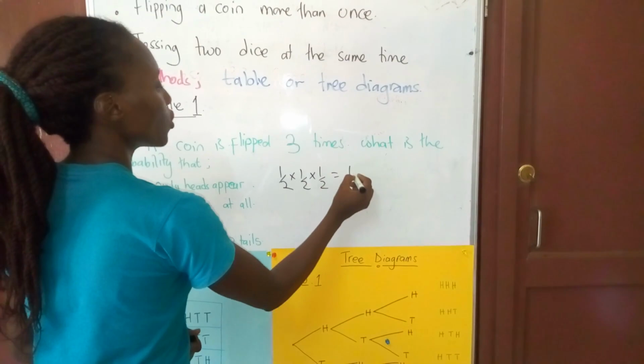The question is: a coin is flipped 5 times. Then you find the probability of getting more than 3 heads. That is 1.